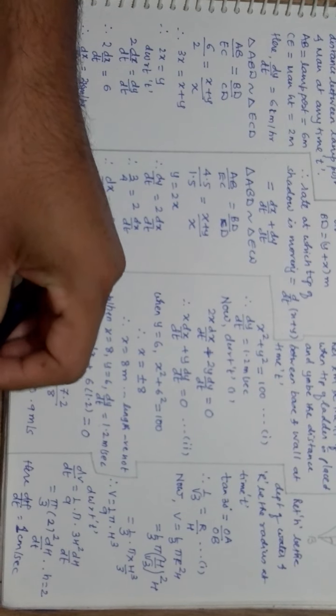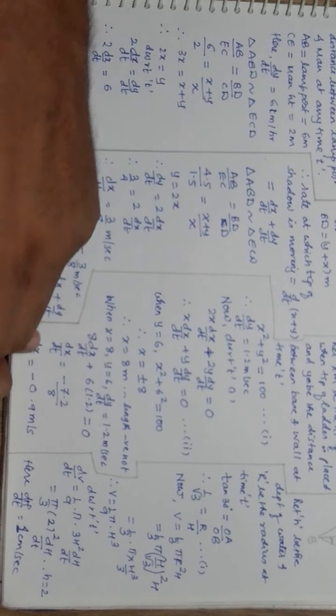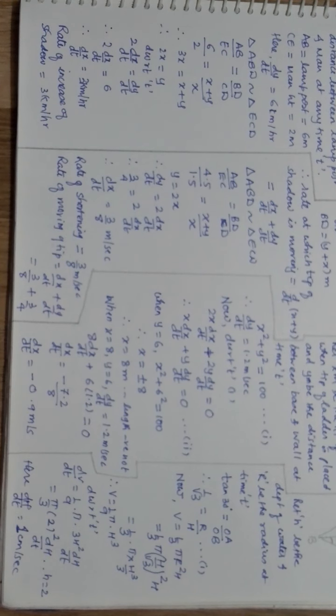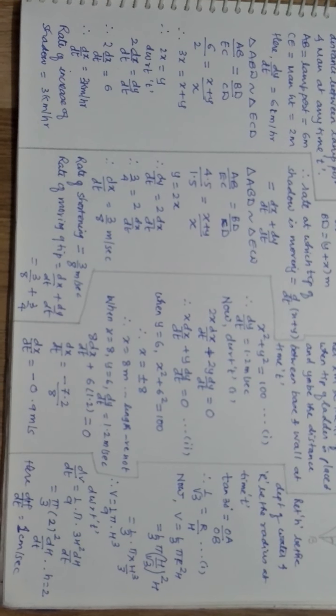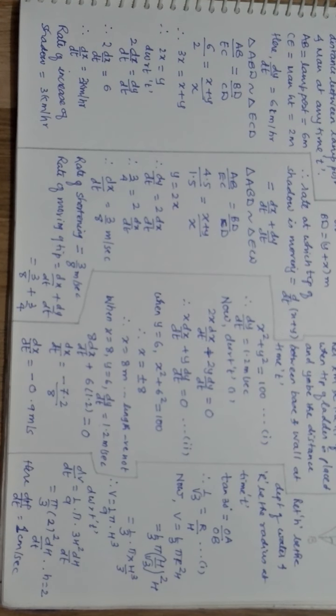Okay, so let me check all the units. Yes, they are in centimeter only. So when I put it here, it will not make any big change. It is going to become 1 only. So its final result will be 4 pi by 3, the volume. So it is cubic centimeter per second. So dV by dt will be 4 pi by 3 cubic centimeter per second.